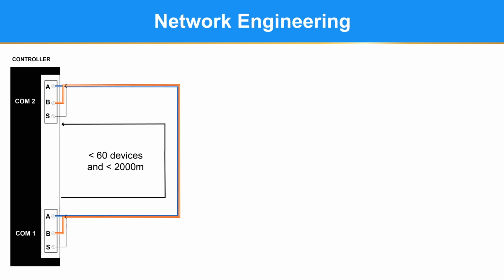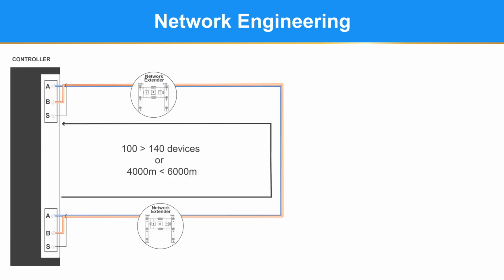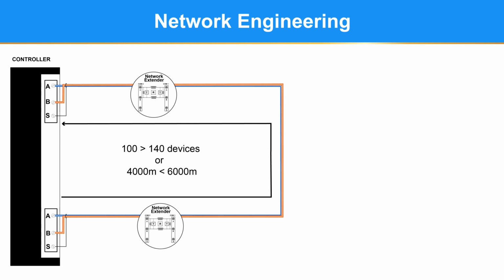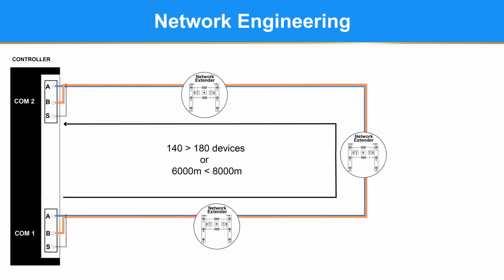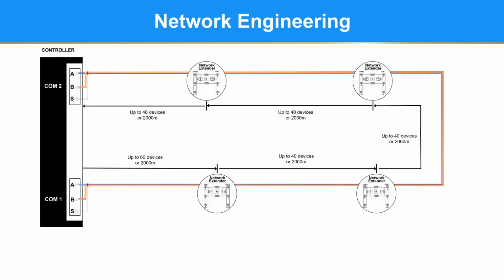Assuming the correct impedance cable is used and there is no electrical noise, a network extender should be installed after the first 60 devices or 2,000 meters, and then every 40 devices or 2,000 meters after that. There is a maximum of 6 network extenders per network.